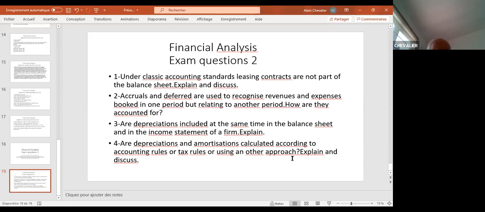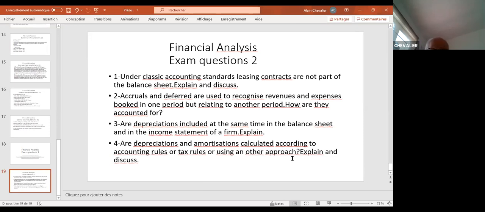And on the other side, of course, we find the same value as a long-term loan. Of course, the structure of the balance sheet has completely changed if you do that for a company using a large amount of leasing contracts.